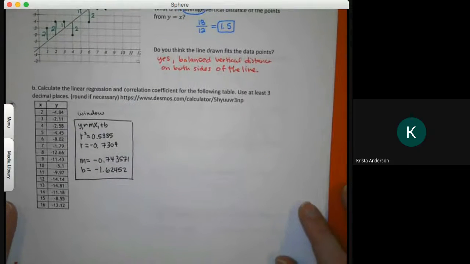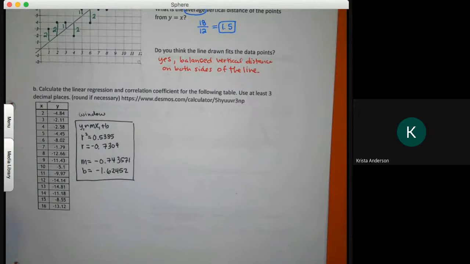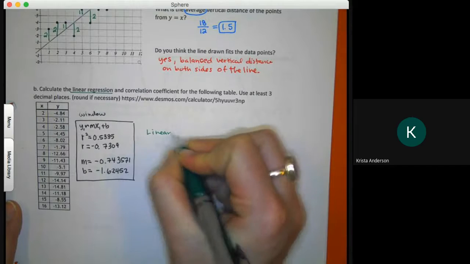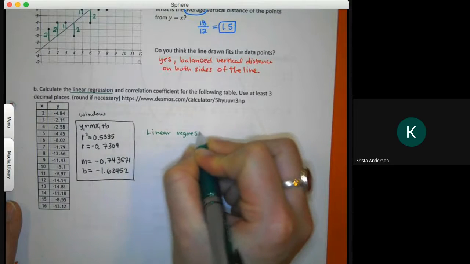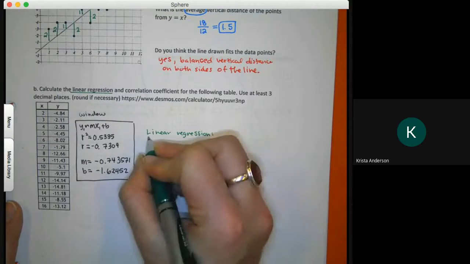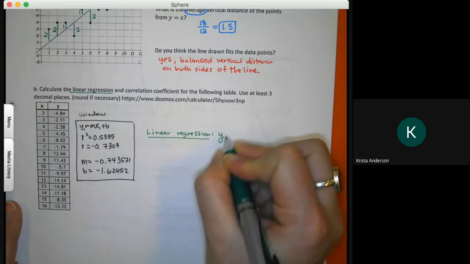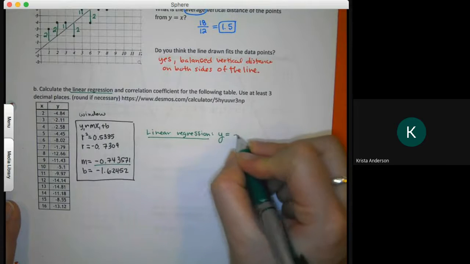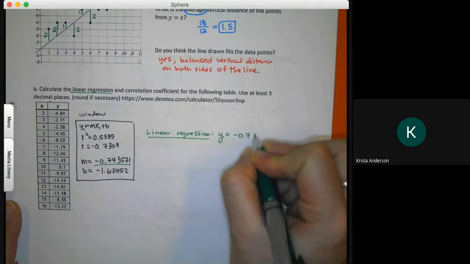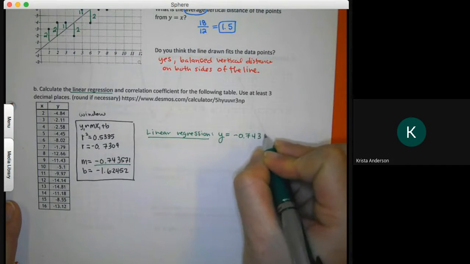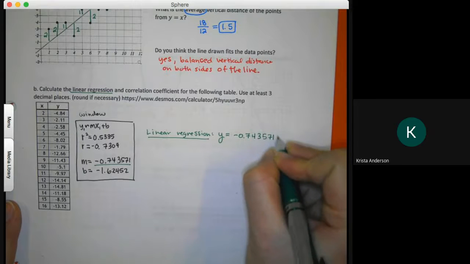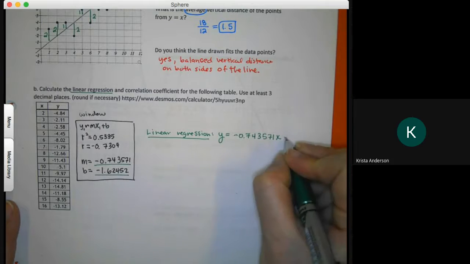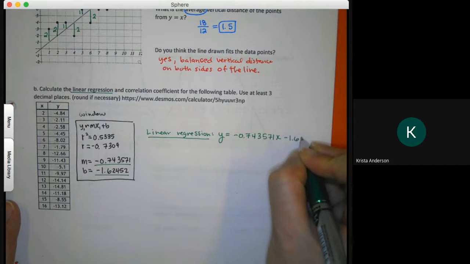I will now use this data to build my linear regression. Y equals M. I'm just going to write out the whole decimal, with an X by it. And then the minus B, minus 1.62412.